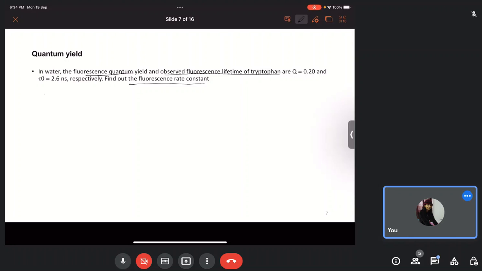We know that in the class it has been discussed what quantum yield is and how it is denoted.